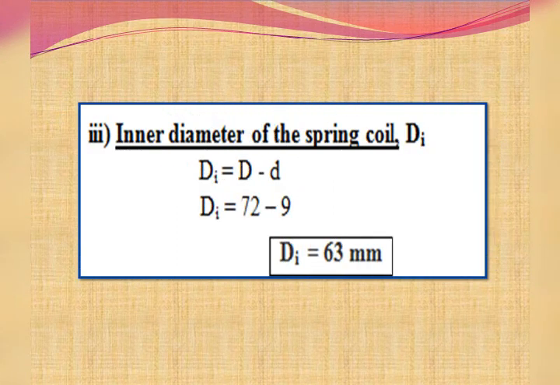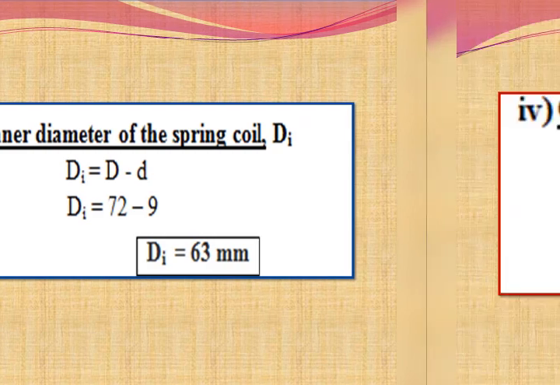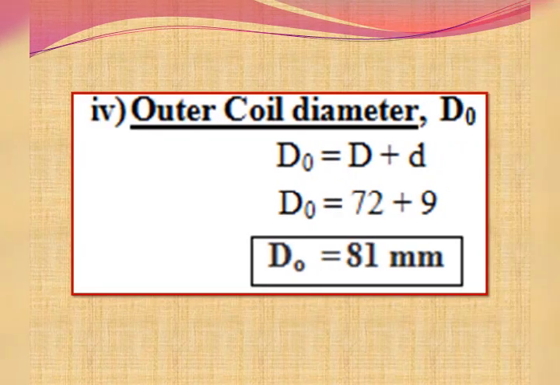Next one is the inner diameter of the spring coil, capital DI, which can be obtained using the difference between the mean coil diameter and the wire diameter, that is capital DI is equal to capital D minus small d. By substituting capital D and small d, 72 minus 9, we get the inner diameter of the spring coil DI is equal to 63 mm.